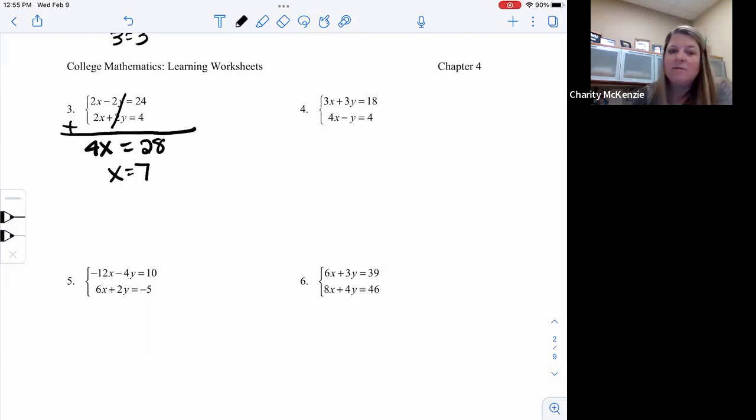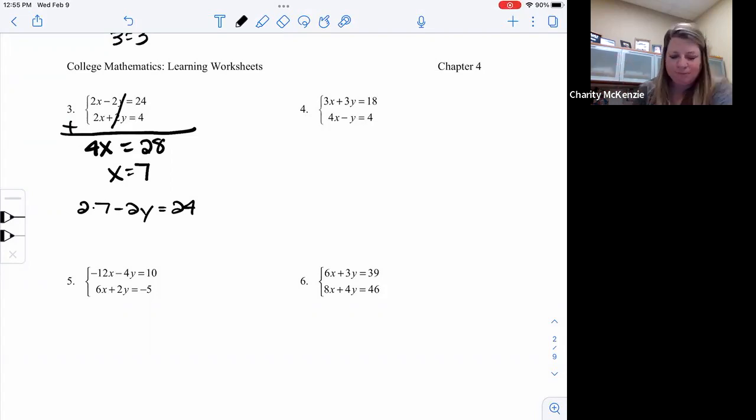Great. Am I done? No, I have to find y. I'm halfway. So what I do is I put that 7 back in. So 2 times 7 minus 2y equals 24. Now this is where they're both equal, so could I use either equation? Yes. I chose the first one.